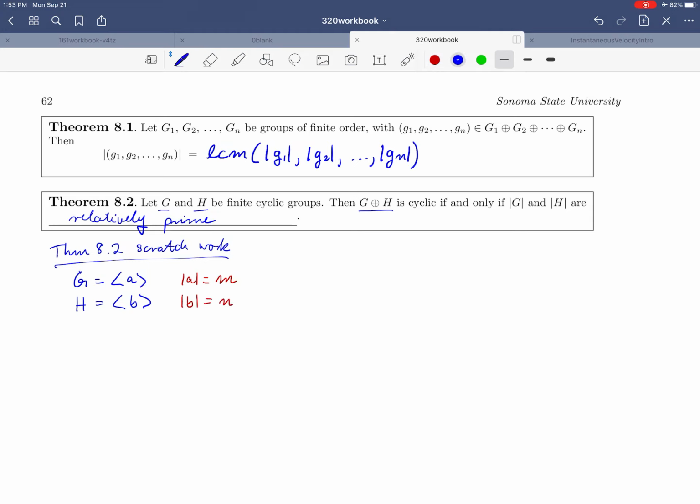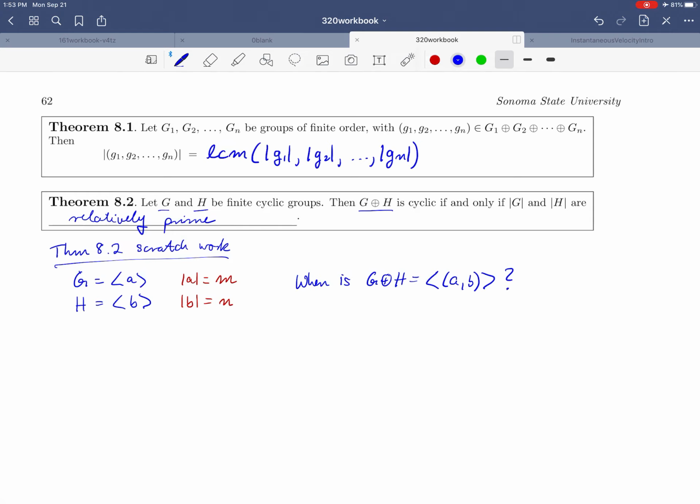So what we are asking ourselves is, when is G plus H cyclic? So when does it have a generator? If we have a generator for G and a generator for H, it's reasonable to ask when is (A, B) a generator for G plus H?